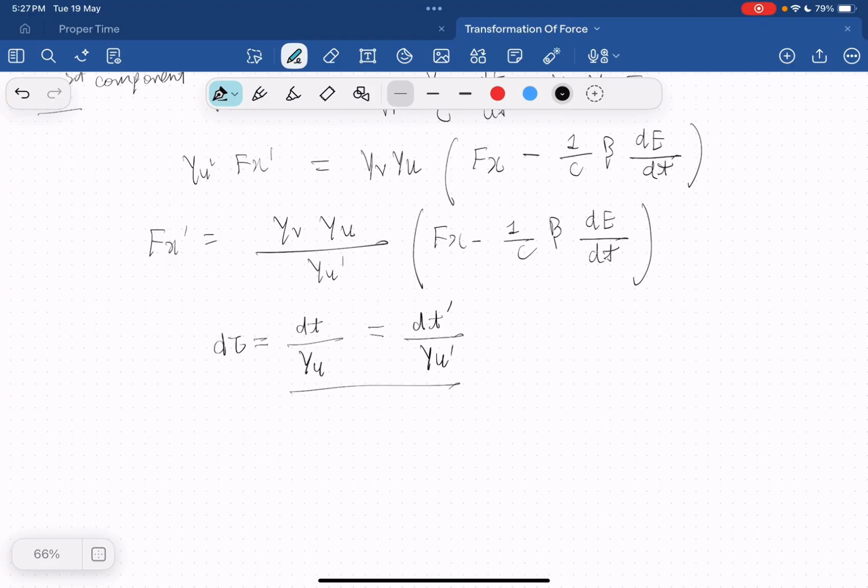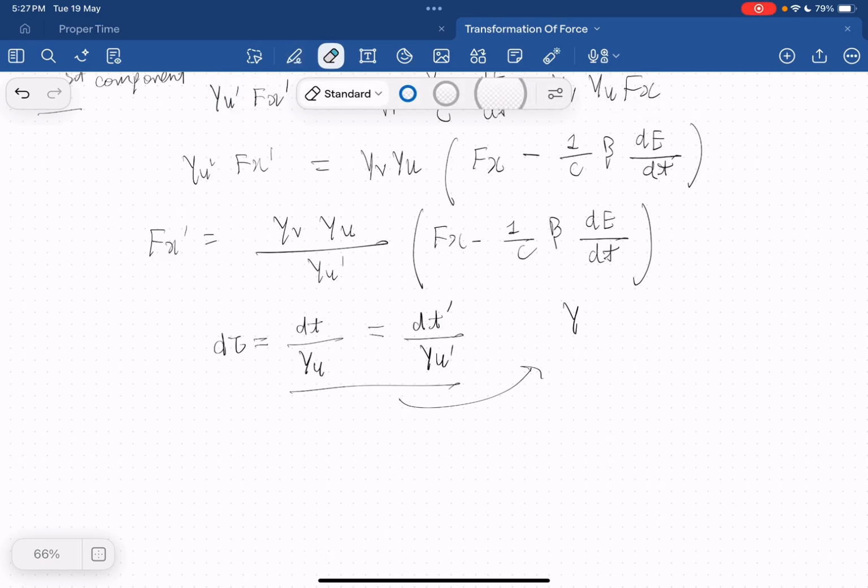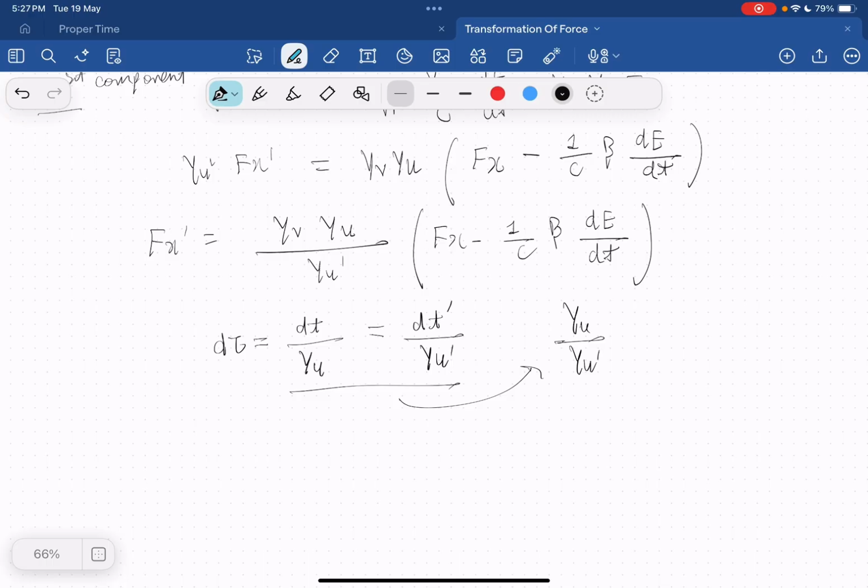So from here we can find that gamma u by gamma u dash is actually dt by dt prime.